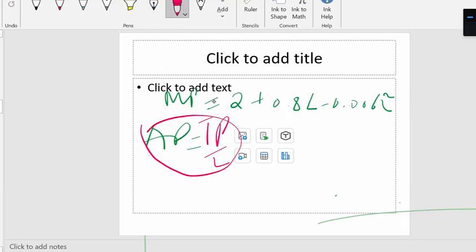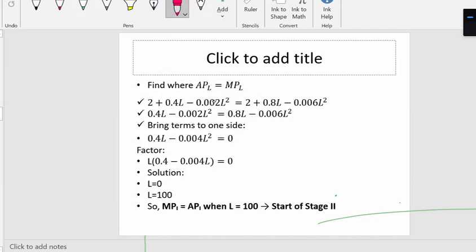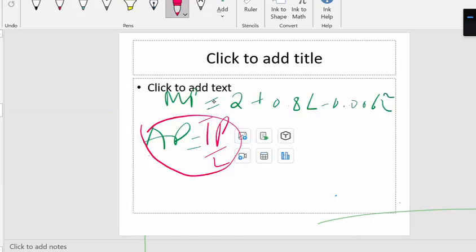So what does it mean? Do we have the average product? We can get it by differentiating the equation. What is total product here? Total product is L times average product.